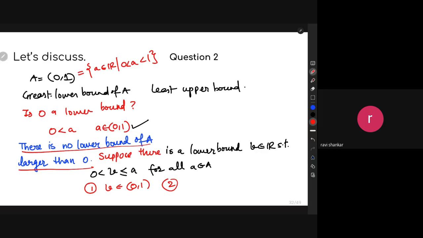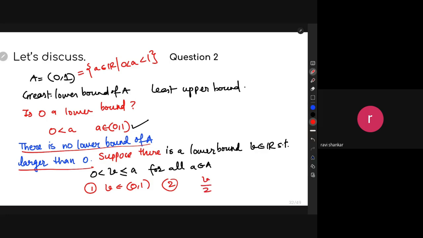Just consider this element: I can consider B by 2.